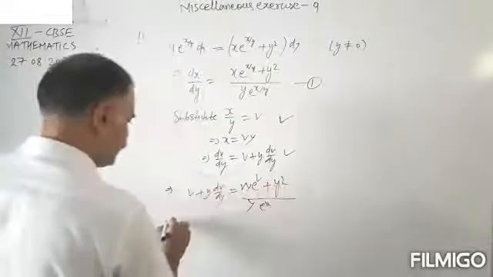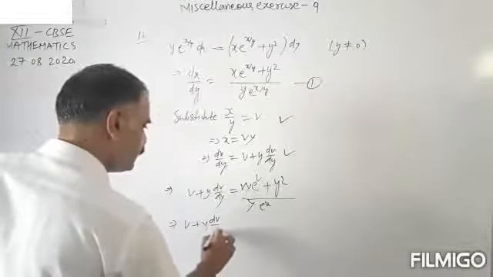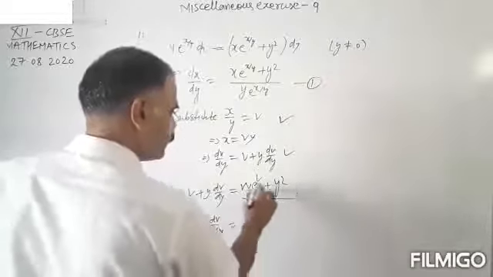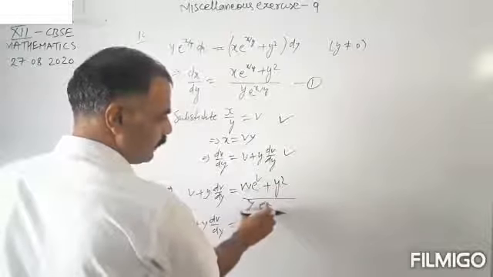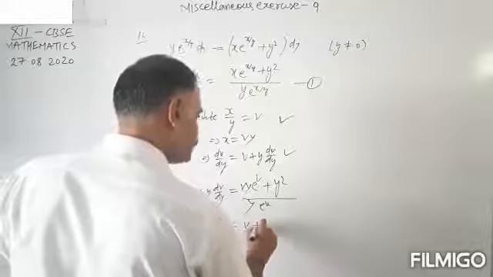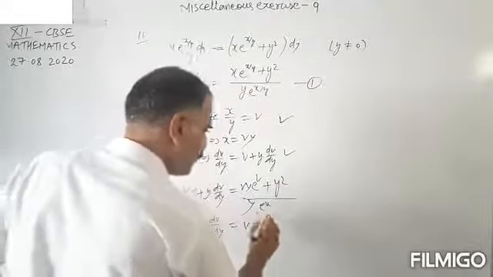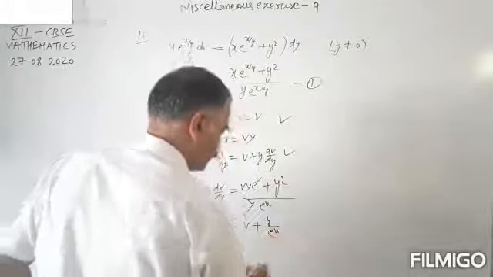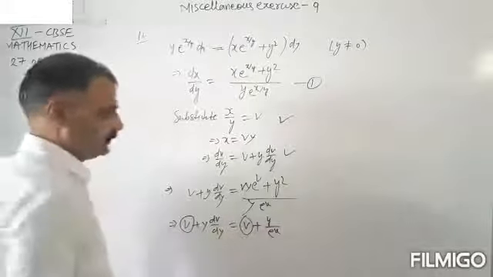Now this can be written as v plus y dv upon dy is equal to, dividing both the terms by y e to the power v, v plus y upon e to the power v. We cancel v.